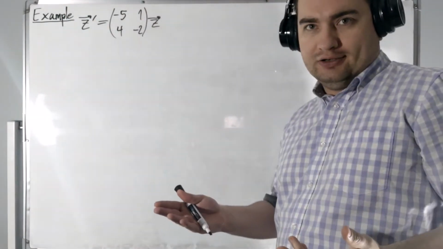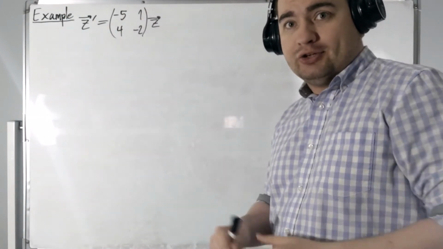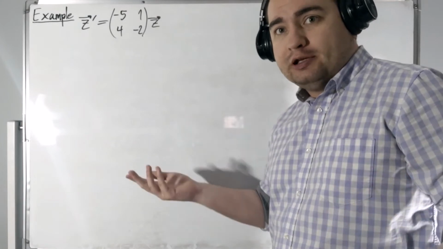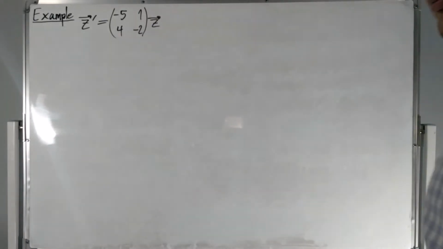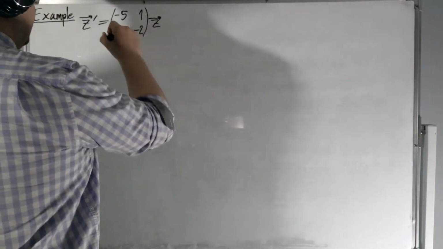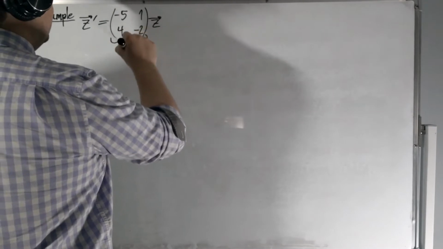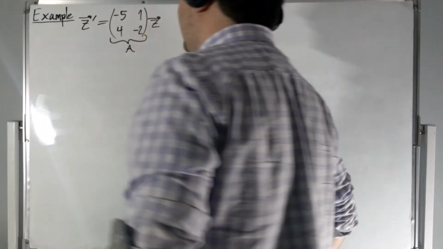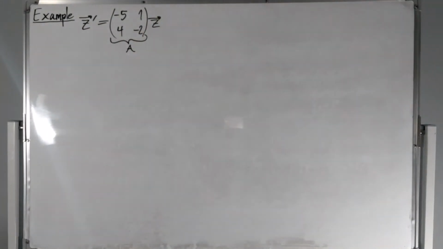Just like scalar ODEs, matrix ODEs have general solutions and particular solutions. So we're going to try to find the general solution of this matrix ODE. Once again, I'm going to call this thing A in order to avoid writing it over and over again.